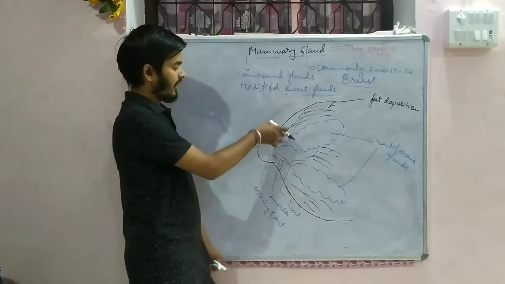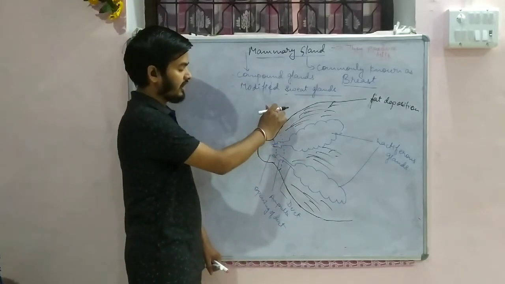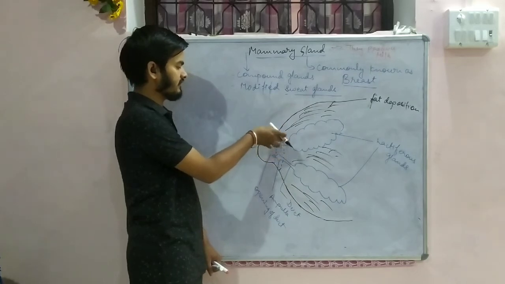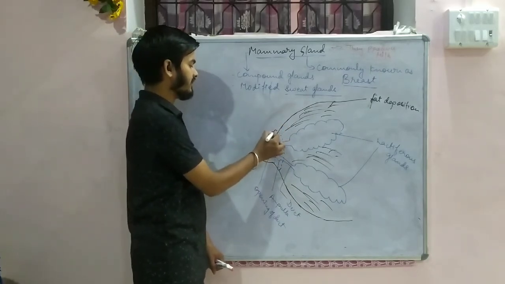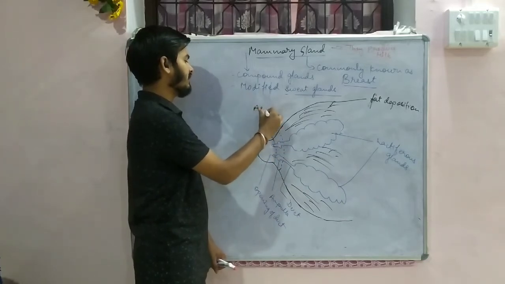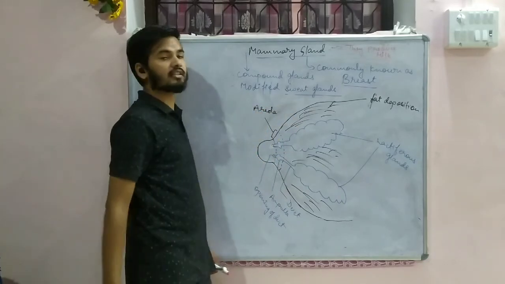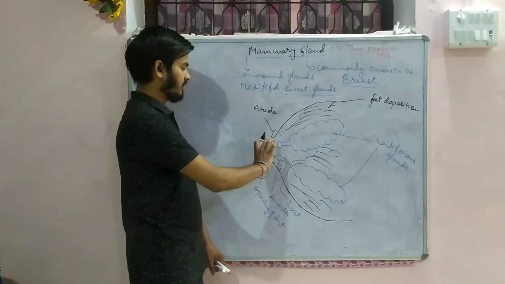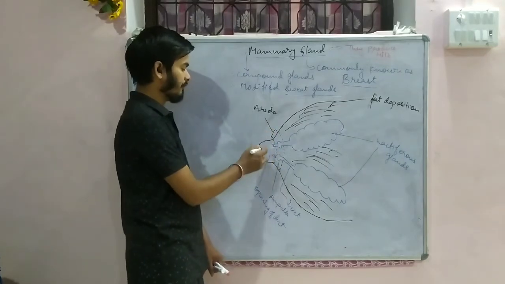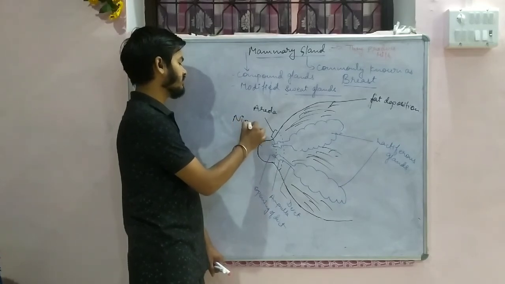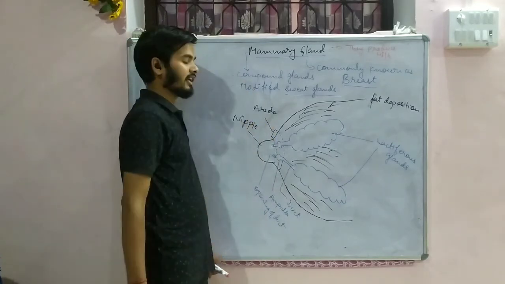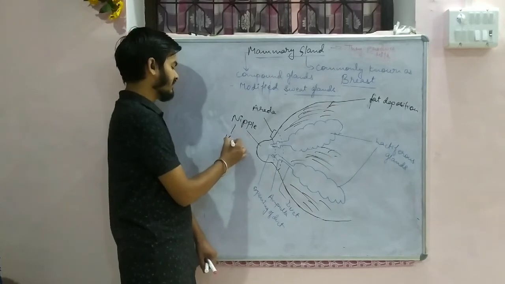Now the last part of this mammary gland is divided into two parts, this and this. This part is known as areola, and this button-like or protruding structure is known as the nipple of the mammary gland.